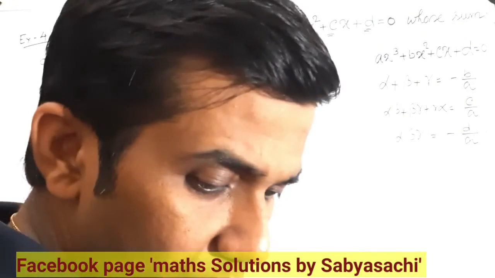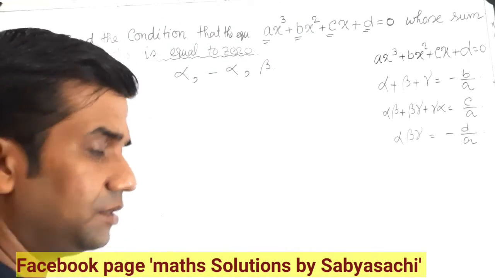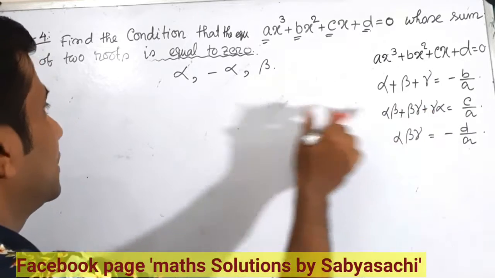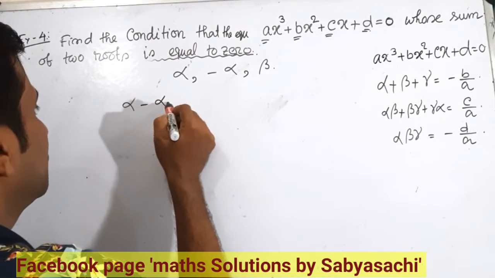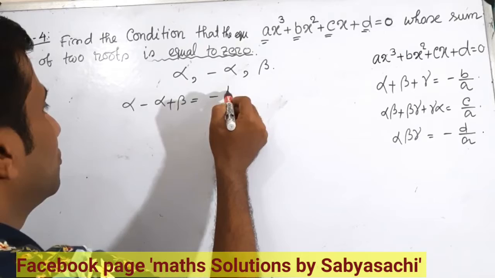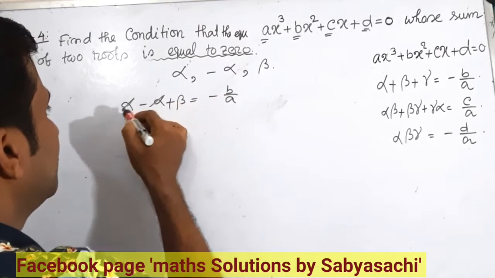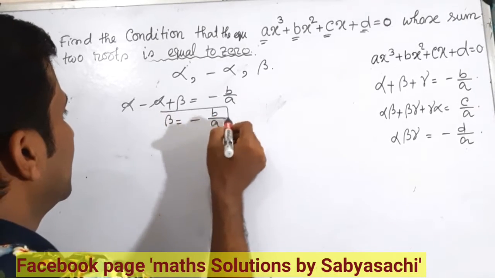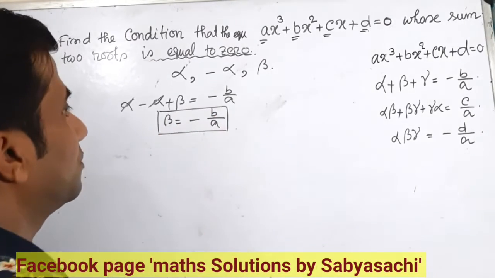Then from the relation between roots and coefficient, alpha minus alpha plus beta is equal to minus b by a. That means beta is equal to minus b by a. This is number one condition.